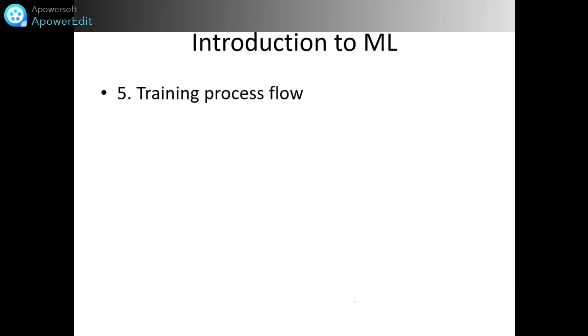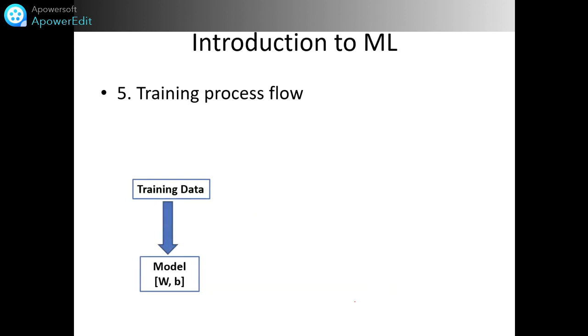Now this is the training process flow, and we will see it step by step. Initially we will have the training data. We apply this training data over the model, and initially this model is blank, meaning the values of W and b are 0.